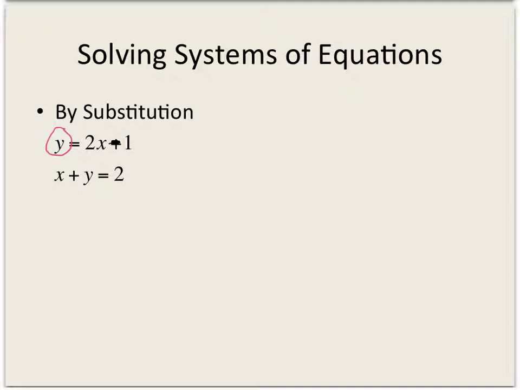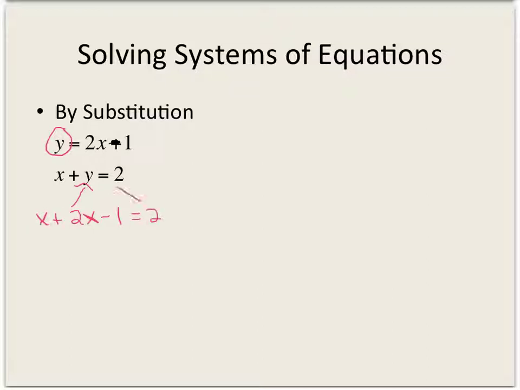Now, since y is by itself, we know that y is equal to 2x minus 1. And it's always equal to 2x minus 1. It has to equal 2x minus 1 even in the second equation. So I can substitute 2x minus 1 into my second equation here.